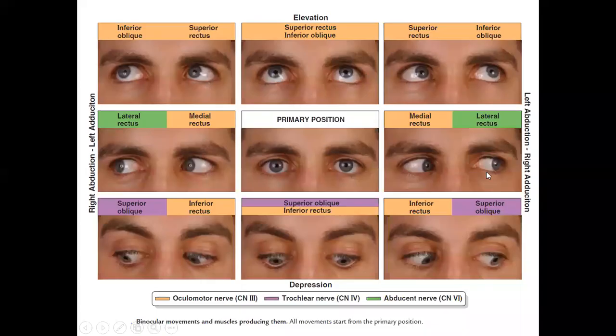In this way, if you look towards the left side of your windows, your left eye will be abducted and your right eye will be adducted. And these are rotational movements.